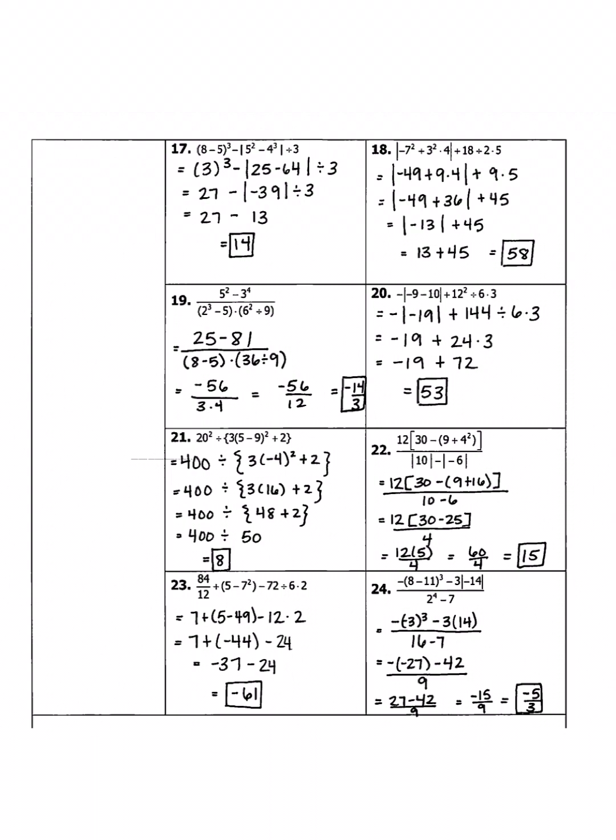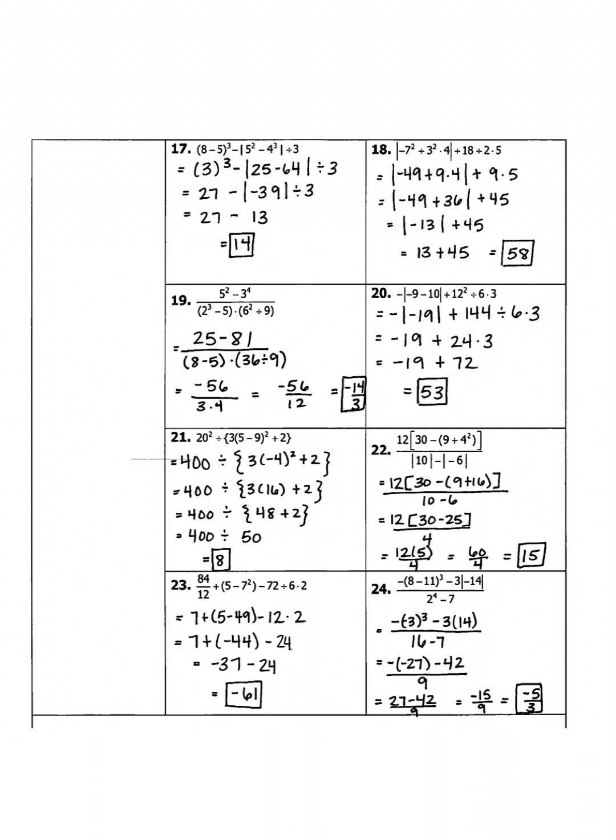Then I'm going to evaluate this exponent. 3 times 3 times 3 is 27. Minus sign. 25 minus 64 is negative 39. And I'm going to write divided by 3. Haven't used it yet.